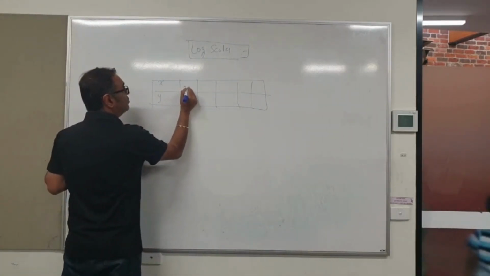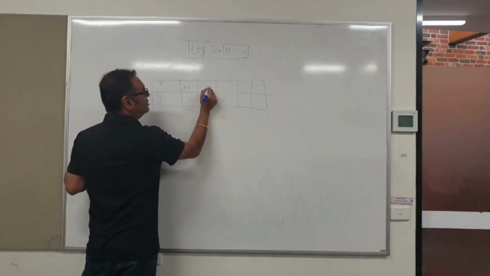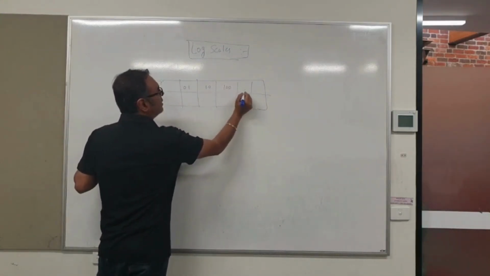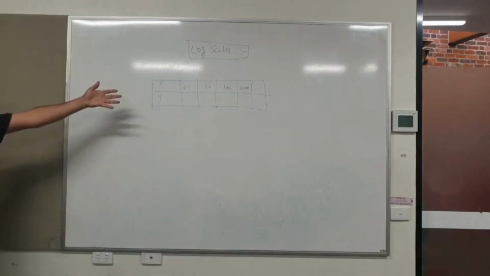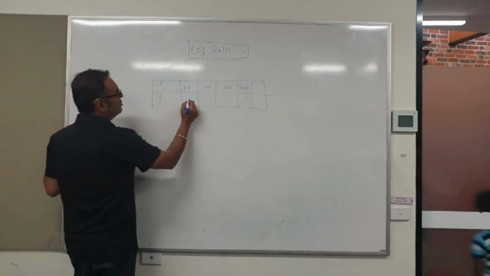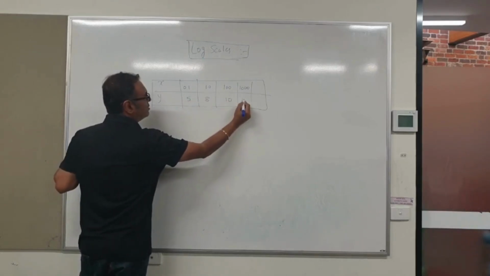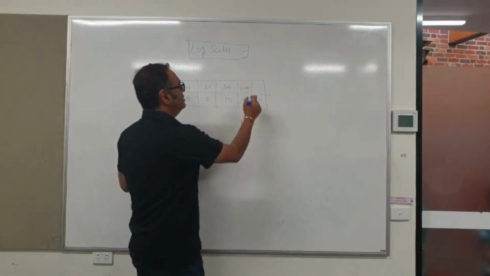So I have 0.1, I have 1.0, then I'm just making something up, 100, and I have 1000. Right? Let's say these are my x values, and my y values are any values, 5, 8, 10, 12, 15. And this is, let's say, 10,000.